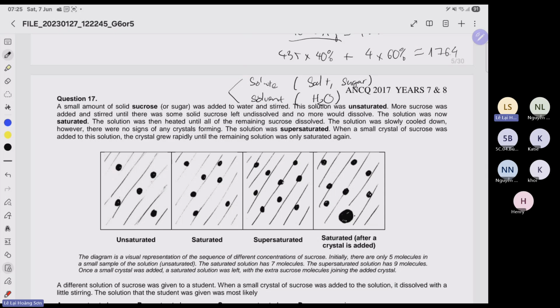And inside here we have the supersaturated form and the saturated form. Supersaturated is when you dissolve a lot of compound inside the solution and then you lower the temperature. Then your solution will become supersaturated. It means it has more solute than the capacity that it can contain, right?